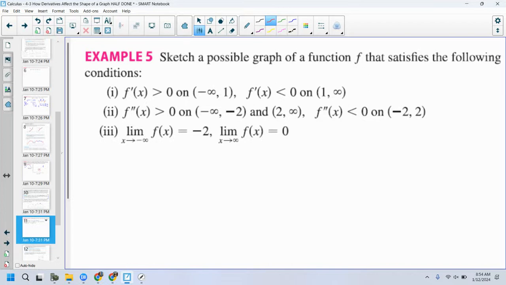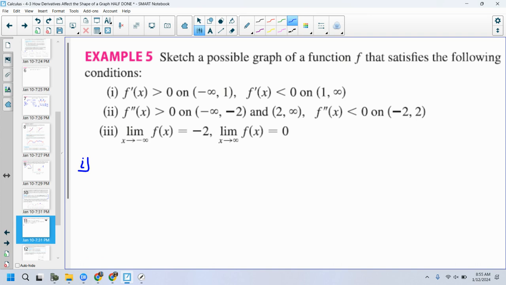Okay, what is this first bullet point telling us? The derivative is positive, and my goal is to graph f. The derivative is greater than 0 on the interval from -infinity to 1. The derivative is negative on the interval 1 to infinity.